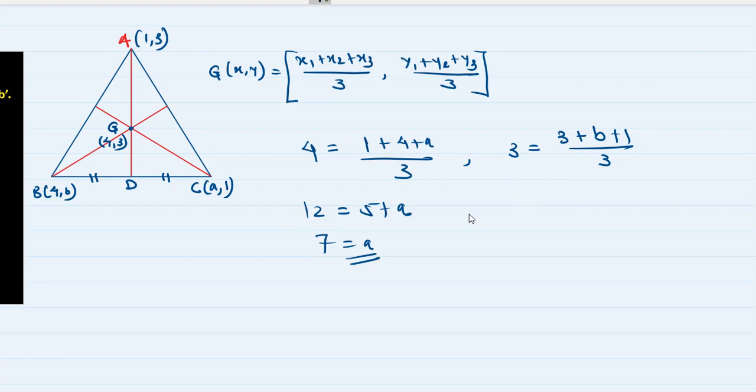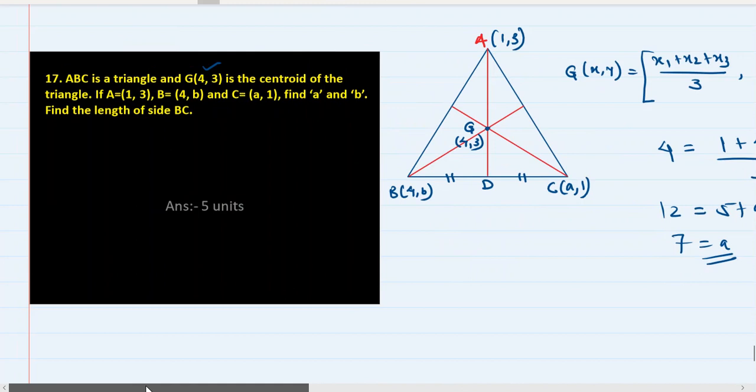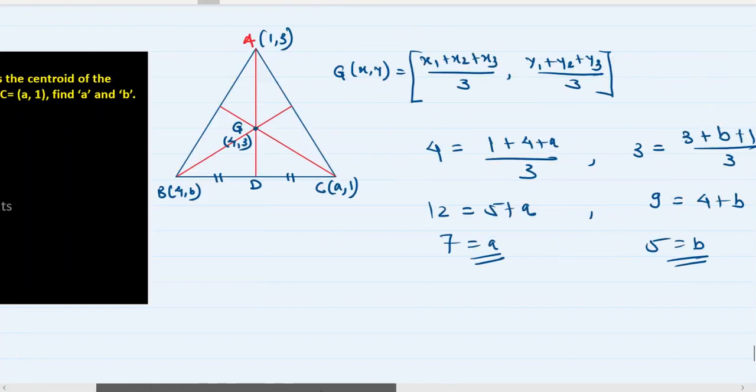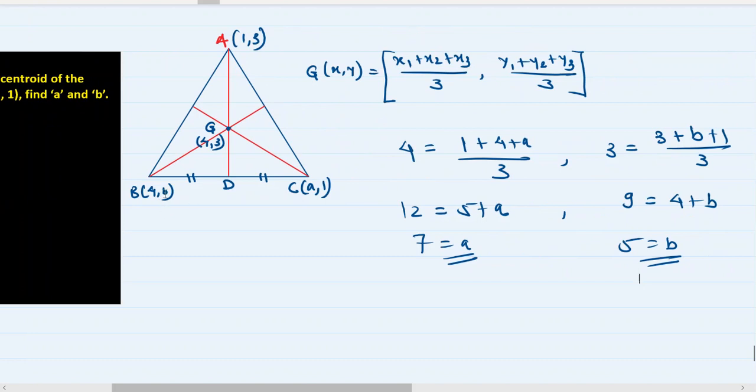And 3 threes are 9, which is equal to 4 plus b, or 9 minus 4, which is 5, equal to b. So a is 7 and b is 5, directly by applying the formula. And if you want to find BC, that's also easy, because now you have the values of b and a. Put the values here, get the coordinates of B and C, and use the distance formula to find BC. You can do that much.